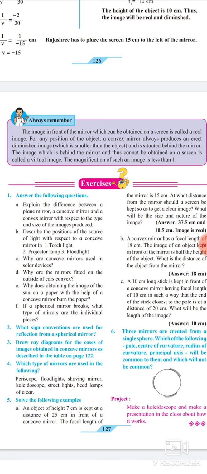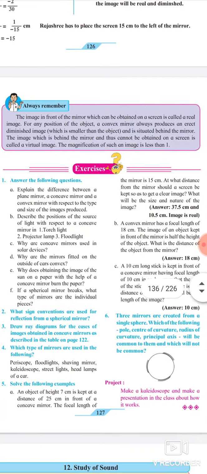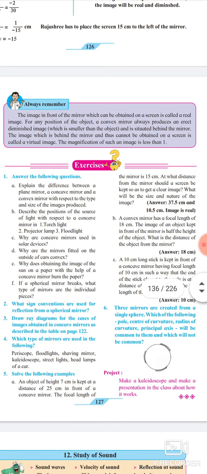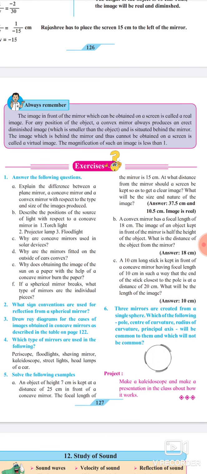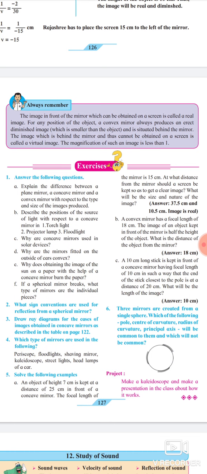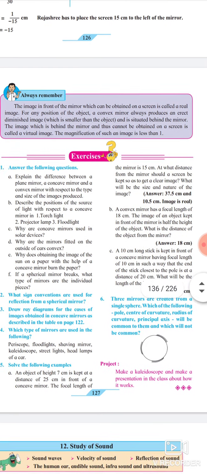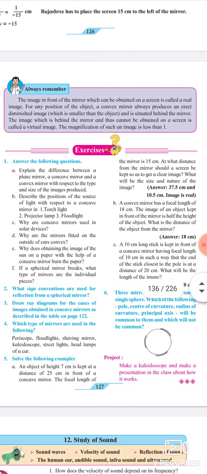Whenever we are using a convex mirror, the image is always erect and always behind the mirror. The image which is behind the mirror cannot be obtained on a screen, and it is called a virtual image. And the magnification of such an image is always less than 1. Okay children, so here we complete our chapter.